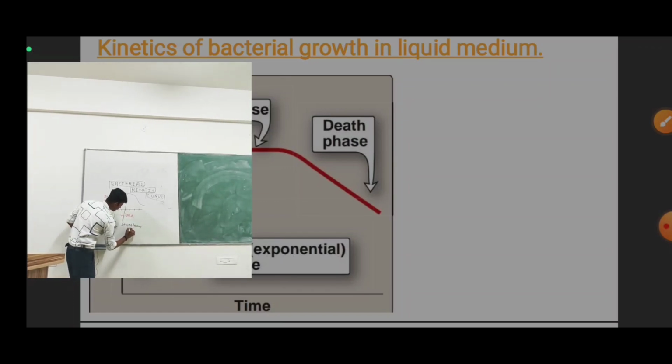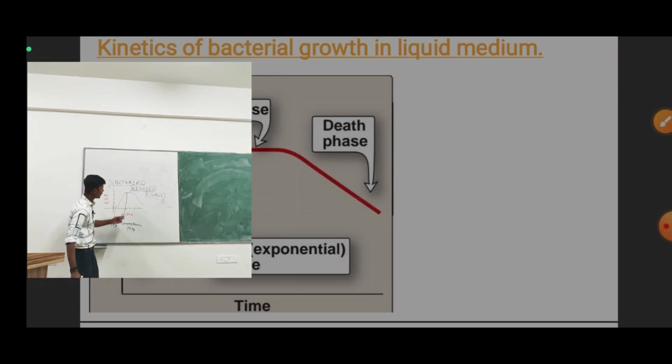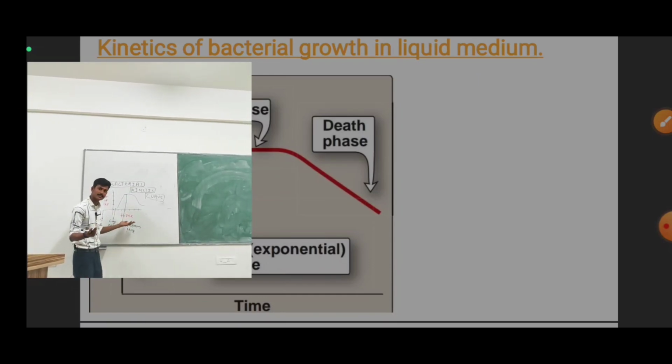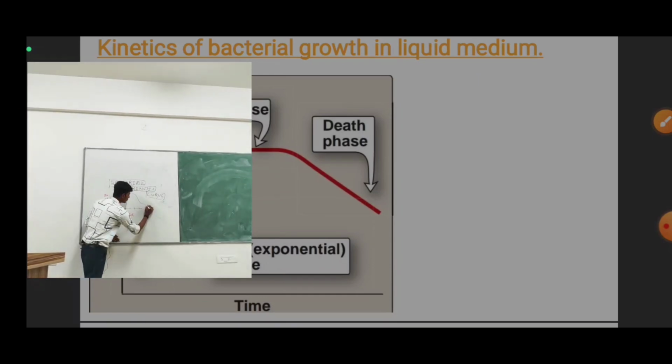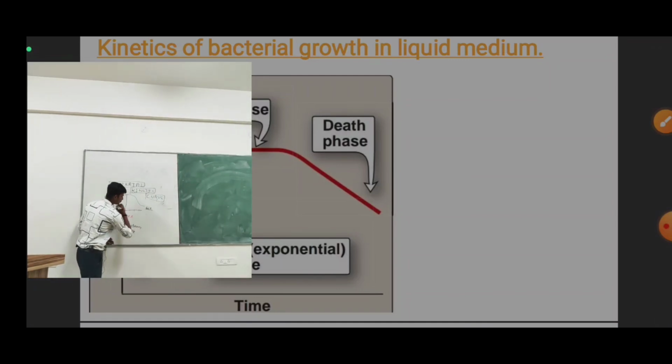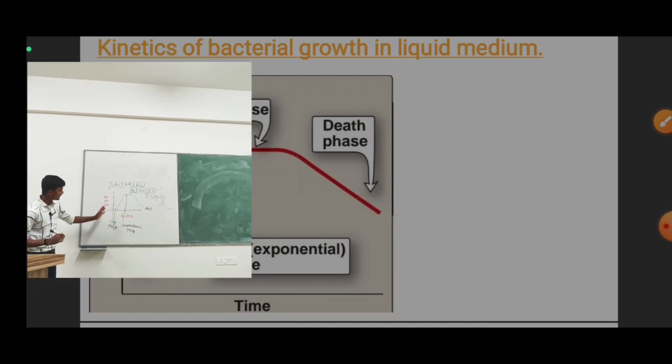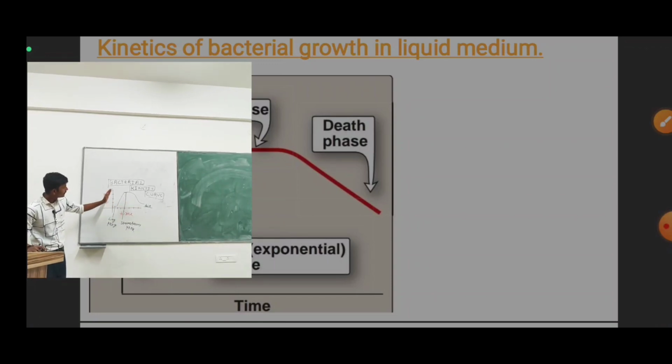And then afterward, see the curve is declining, deteriorating, and this decline denotes the bacteria are dying. So it's a die point. This is one typical bacterial kinetic curve.